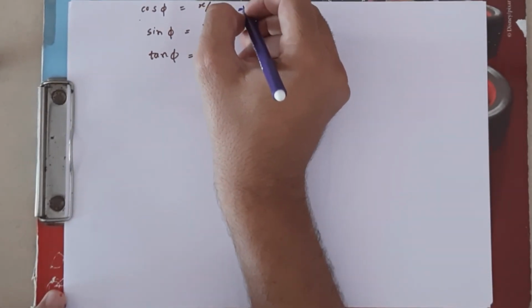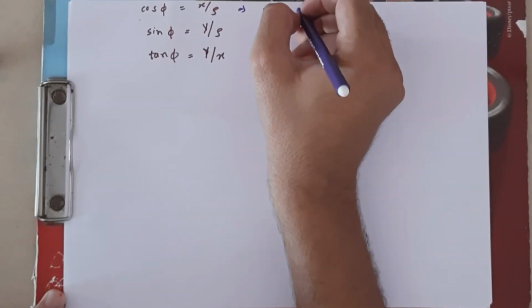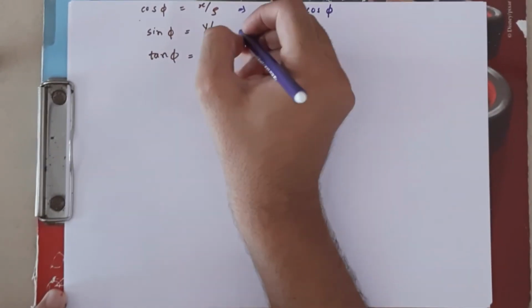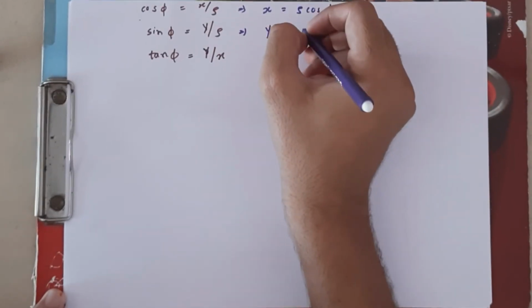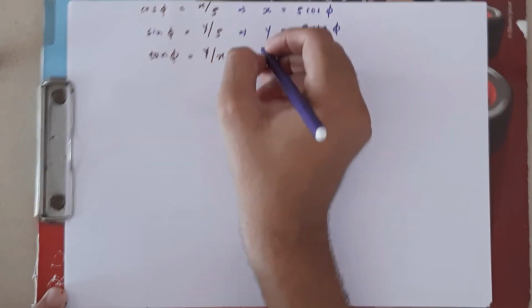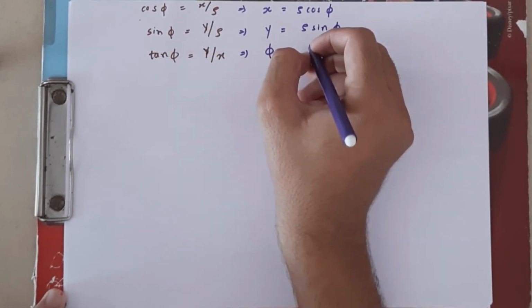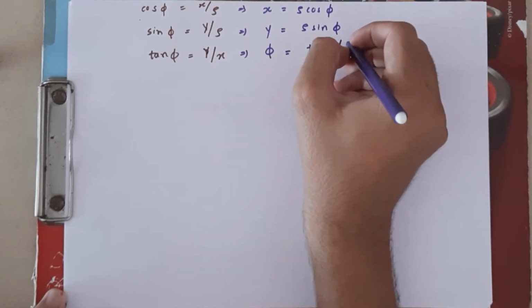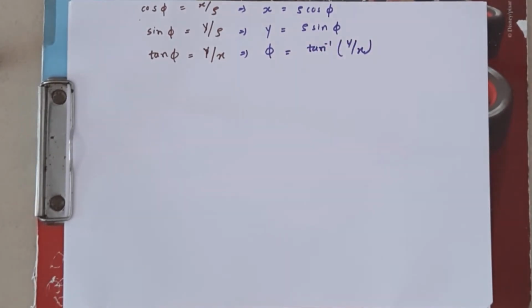From this we can say that x is equal to rho cos phi, y is equal to rho sin phi, and phi is equal to tan inverse y by x. Clear? Now it's a very clear-cut picture.